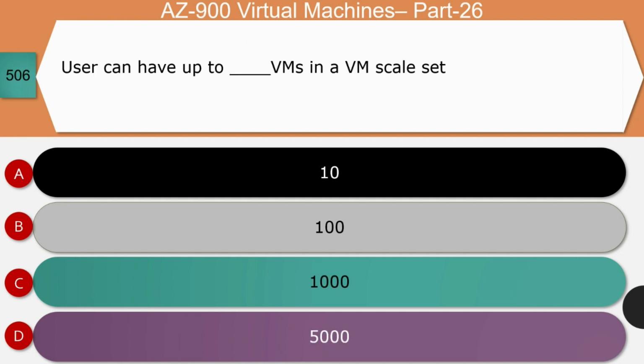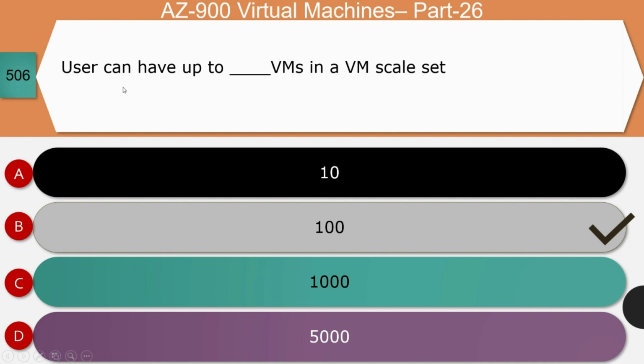Next question, a user can have up to dash many number of VMs in a VM scale set. Is it 10 or 100 or 1000 or 5000? The right answer for this question is 1000. Let's see the reason. Scale sets support up to 1000 VM instances for standard marketplace images, and 600 VMs for custom made images.